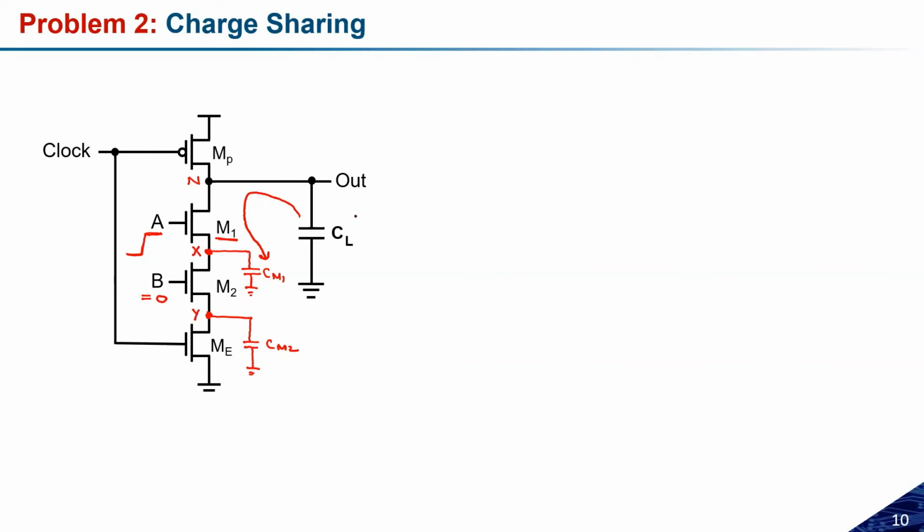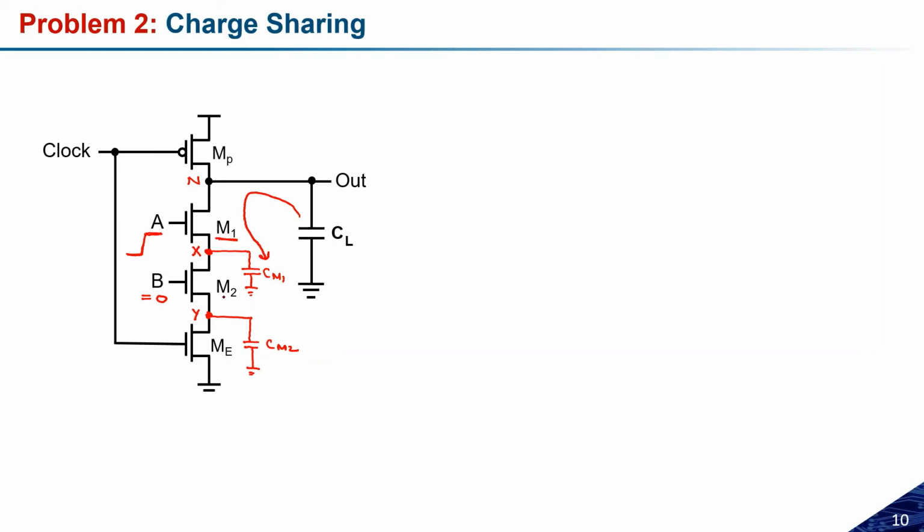So this load capacitor, whatever the charge we have, will be shared with CM1 and the voltage will be degraded. I'm assuming that the output capacitor will be discharged only if all the transistors are in on state, if both M1 and M2 are in on state.